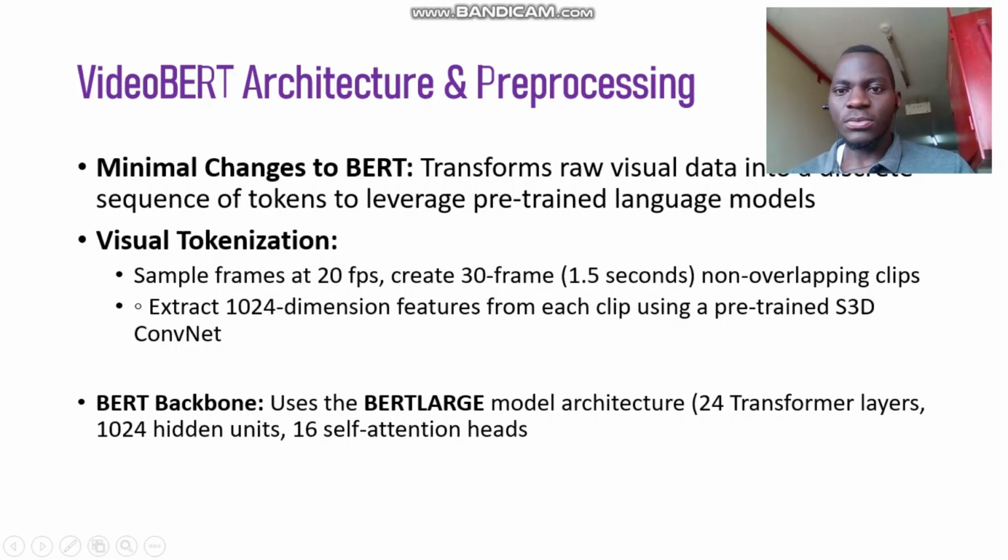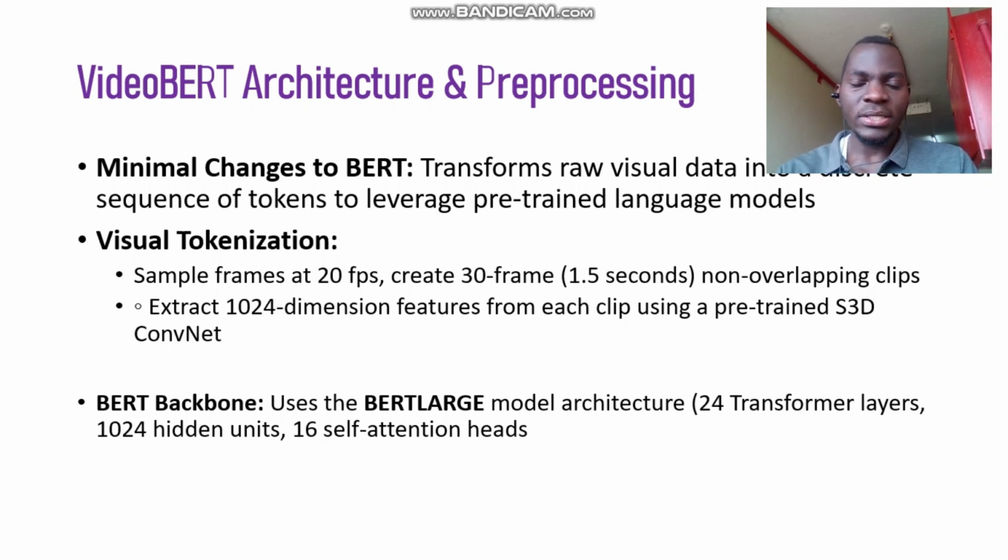So the VideoBERT architecture and how they did their pre-processing: they made minimal changes to BERT, since I told you it was derived from BERT. It transforms the raw visual data into a discrete sequence of tokens to leverage pre-trained models.